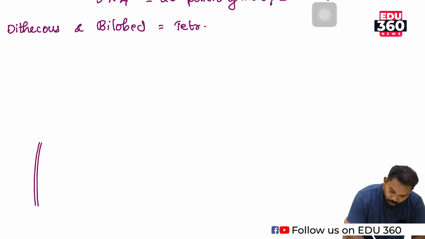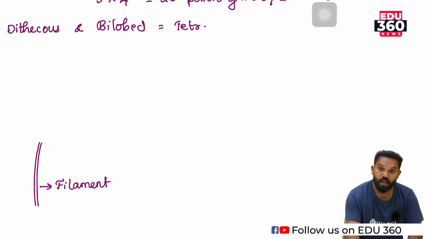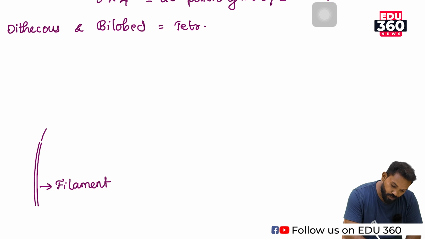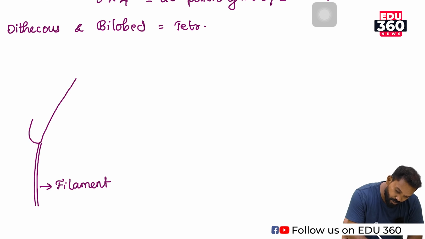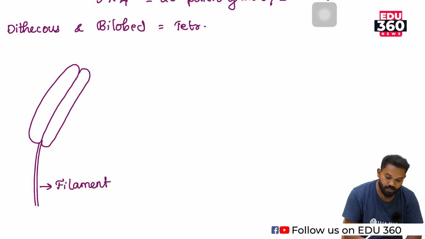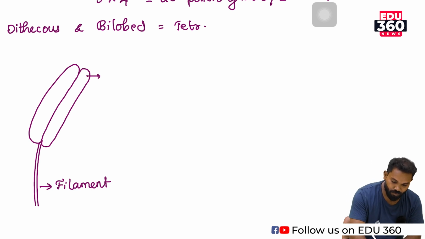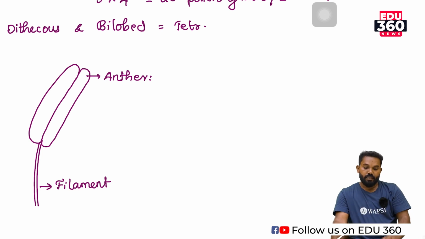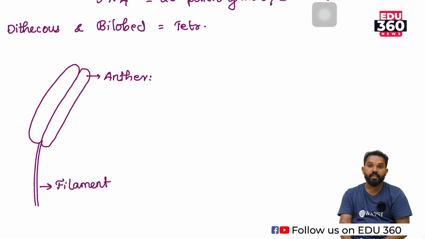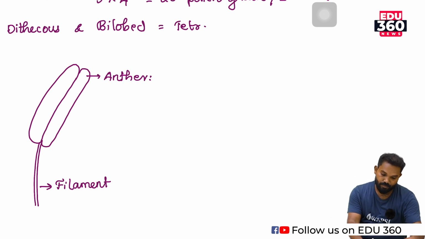The basal part that acts as the stalk is known as the filament, and the tip portion which acts as the fertile part is known as the anther.